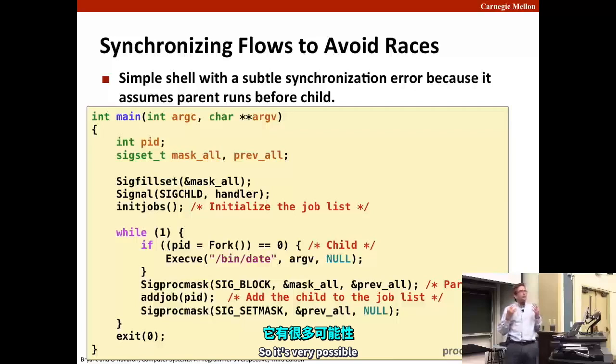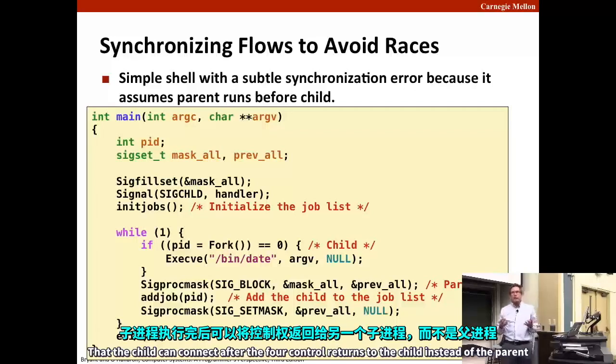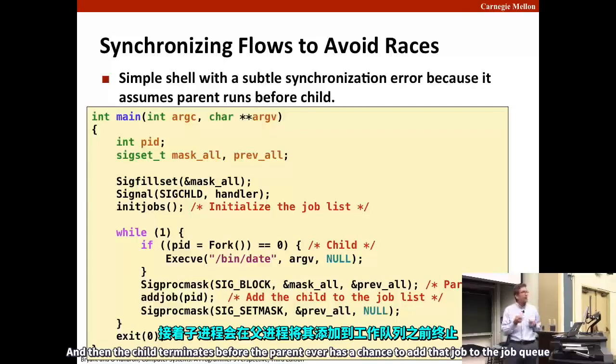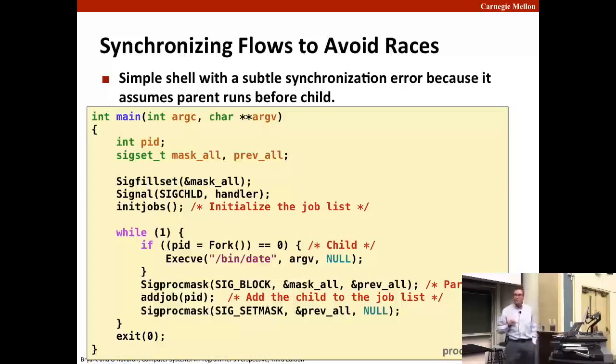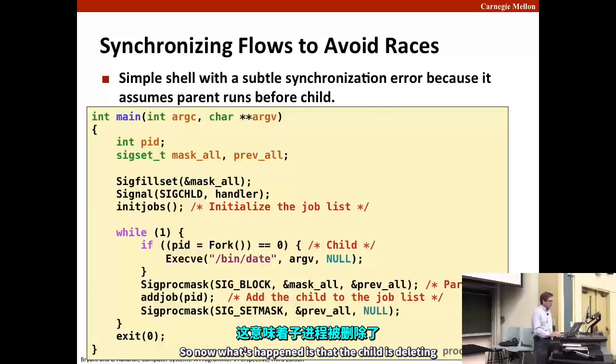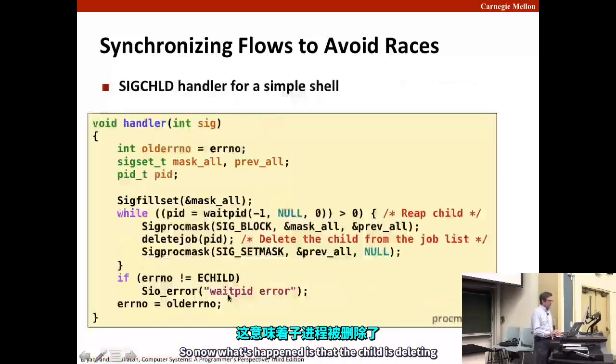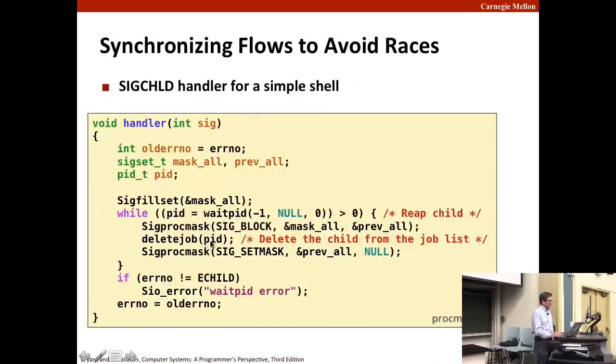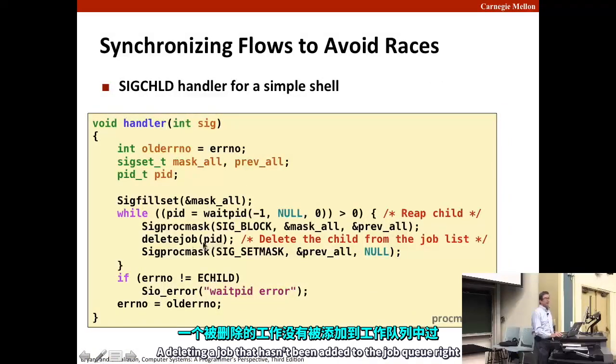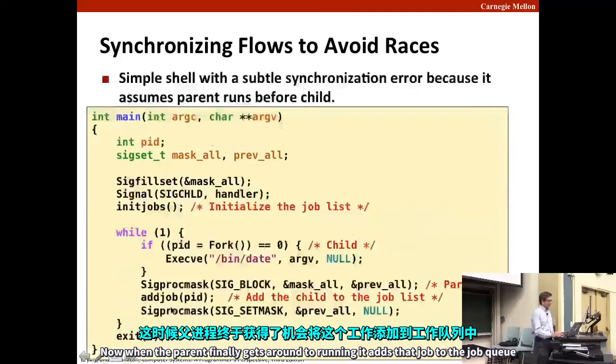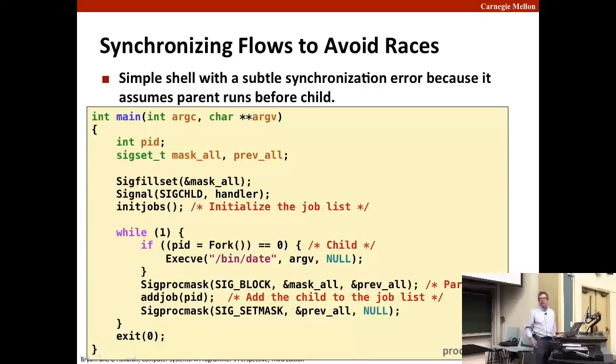So it's very possible that after the fork, control returns to the child instead of the parent, and the child terminates before the parent ever has a chance to add that job to the job queue. Now the child is deleting a job that hasn't been added to the job queue, and when the parent finally gets around to running, it adds that job, and that job will never be deleted.